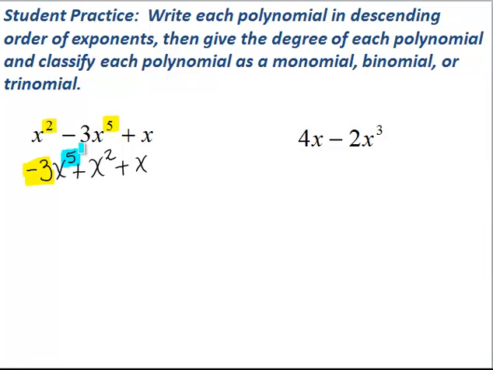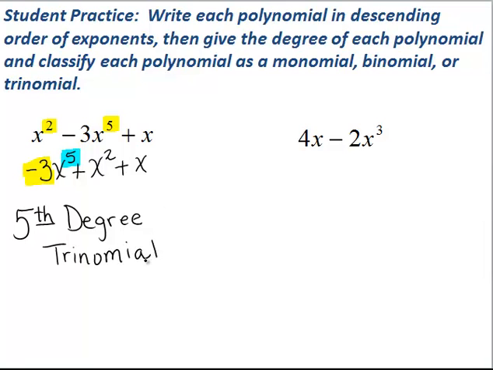And in this case, it is 5. So we can write, since the power is 5, we have a 5th degree trinomial, since we have 1, 2, 3 terms again. So that's all you have to do to identify this.